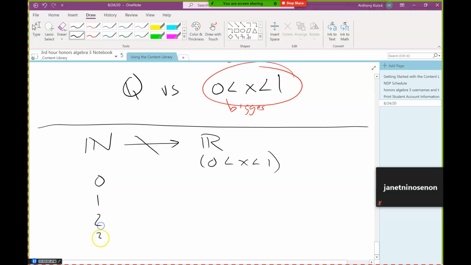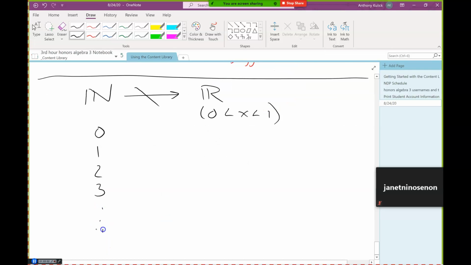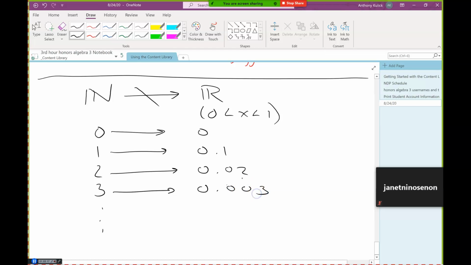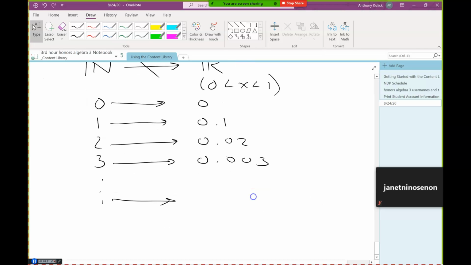So the natural numbers we have like this, right? I'm going to pair this up like this, so on and so forth, right? So we'll assume there's a map.